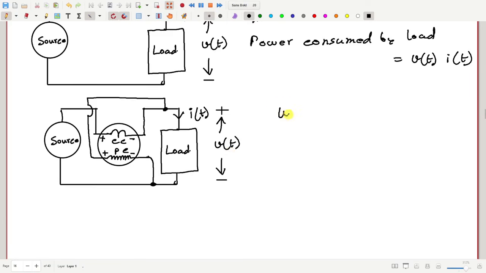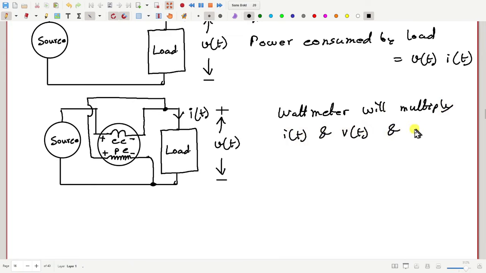So the wattmeter will multiply i(t) and v(t) and calculate the time average of this product i(t) times v(t).